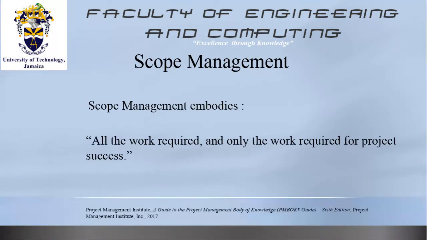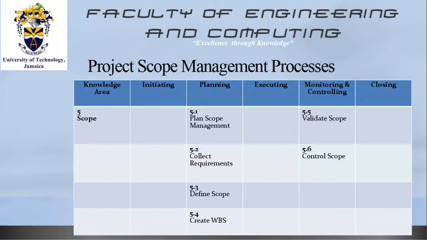We then went on to look at the scope management processes. So last week we looked at plan scope management, collect requirements, and define scope, right? This week we're going to be looking at validate scope.